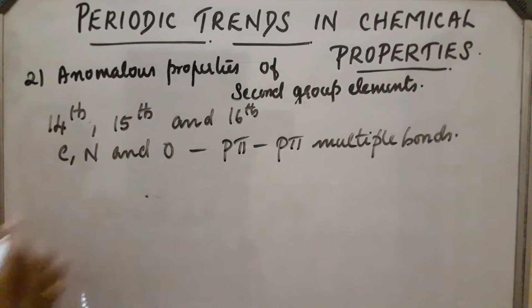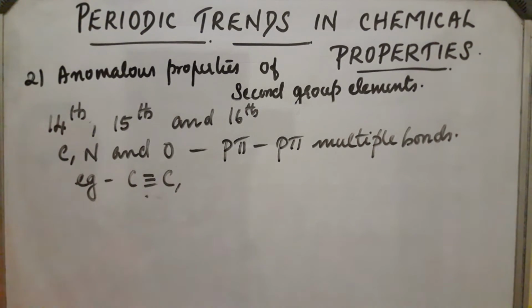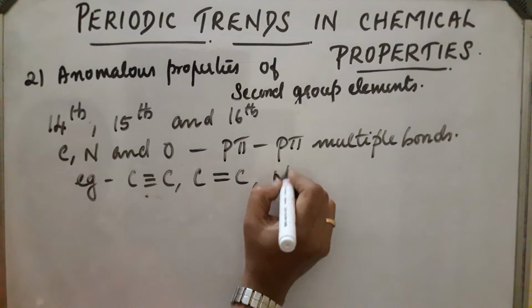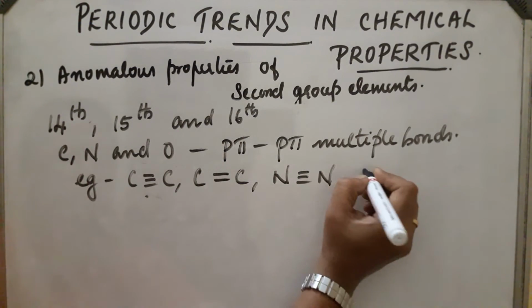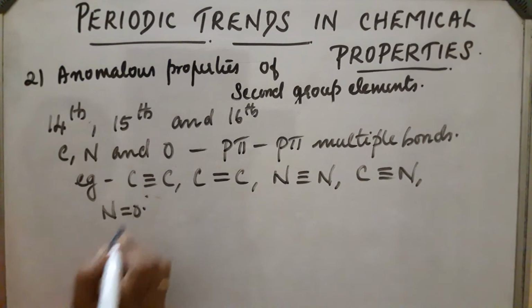For example, carbon forms C triple bond C, C double bond C, then N triple bond N, then C triple bond N, N double bond O, etc.